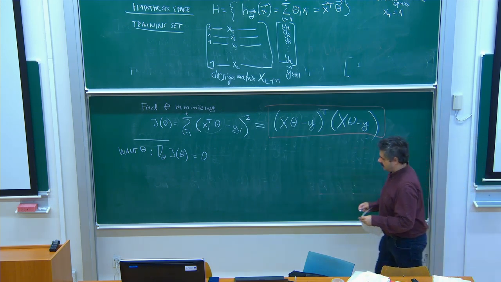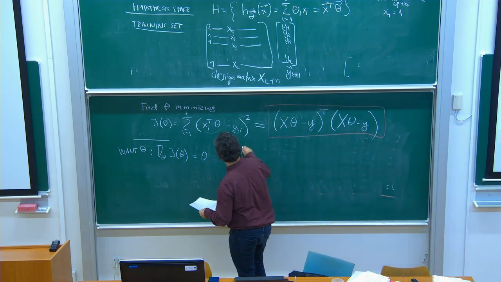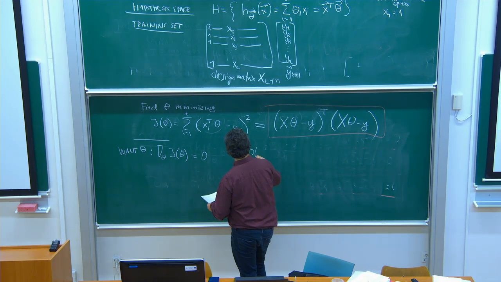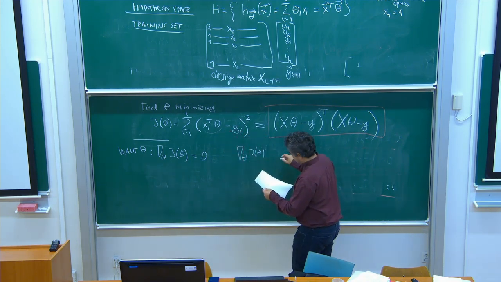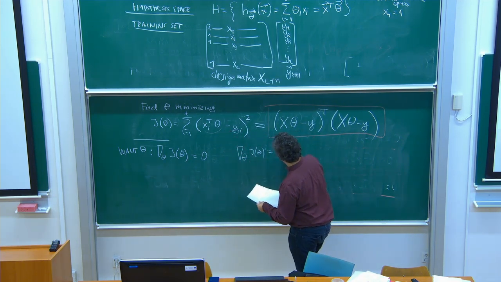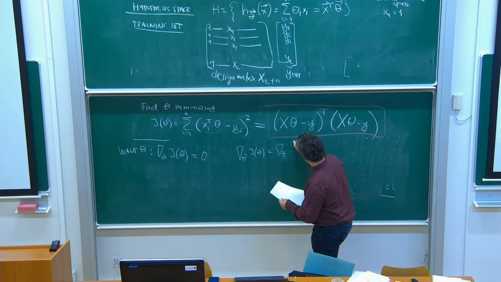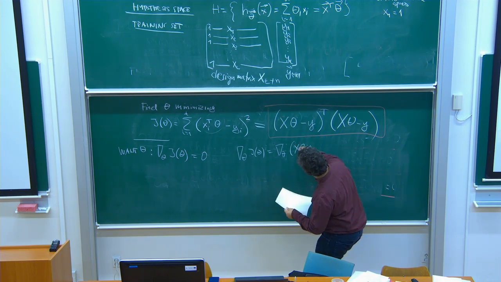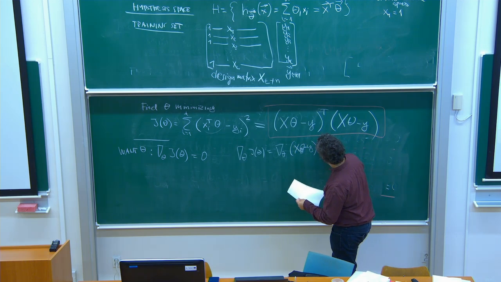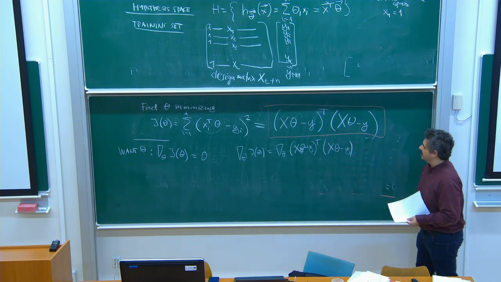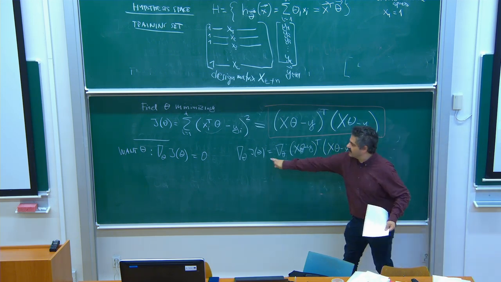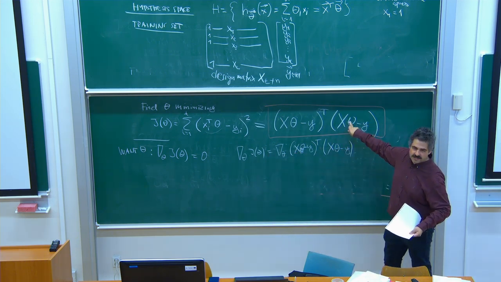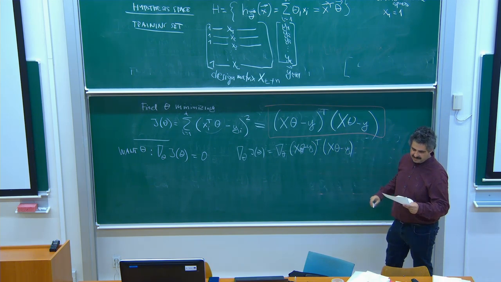So let's start doing some computation. This is the gradient over theta of (x theta minus y) transpose times (x theta minus y). The only thing I've done is expand this function here.